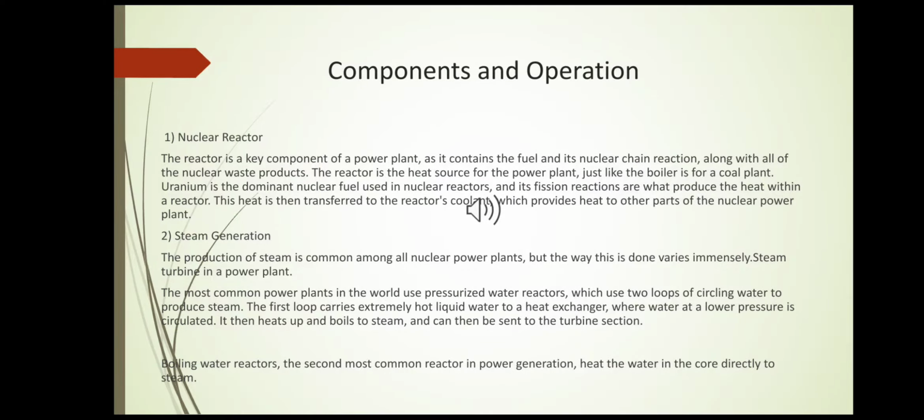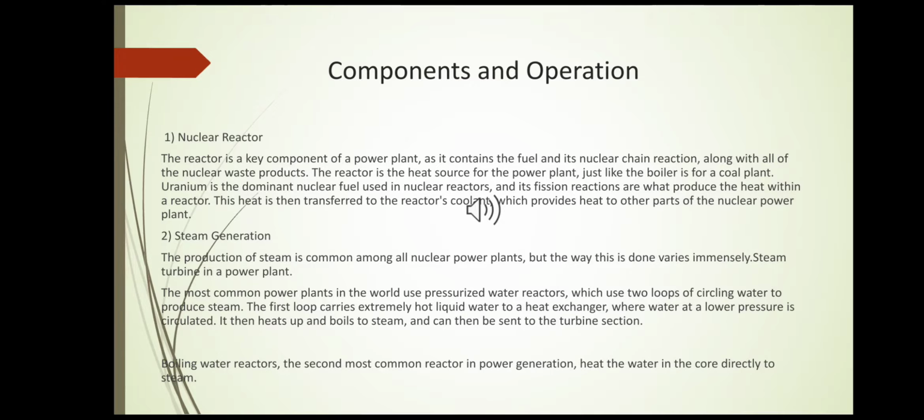Components and operation. First, nuclear reactor. The reactor is a key component of the power plant as it contains the fuel and its nuclear chain reaction along with all the nuclear waste products. The reactor is the heat source for the power plant, just like the boiler is for a coal plant.